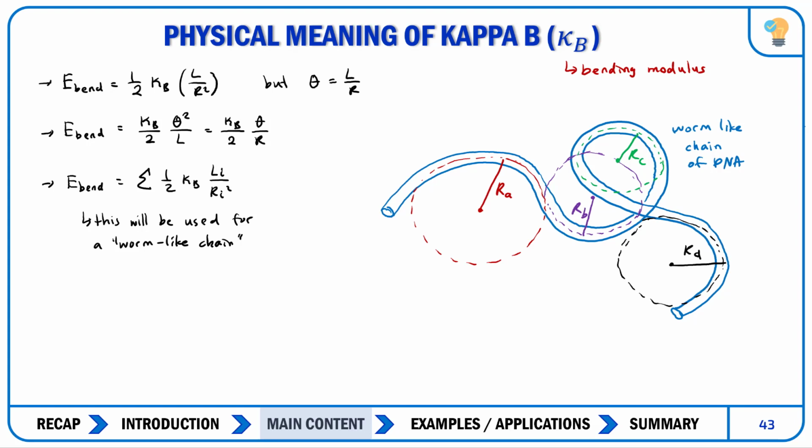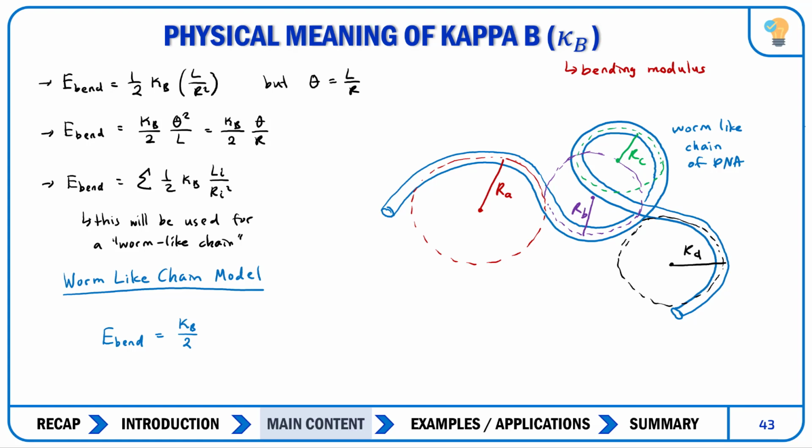So to define the worm-like chain model, E bend is equal to kappa b over 2 times the summation of Li over Ri squared.